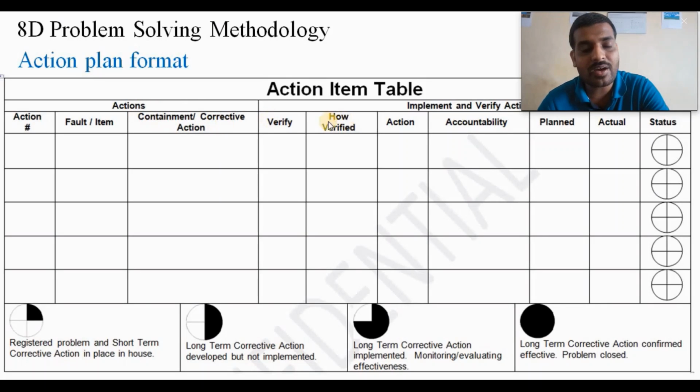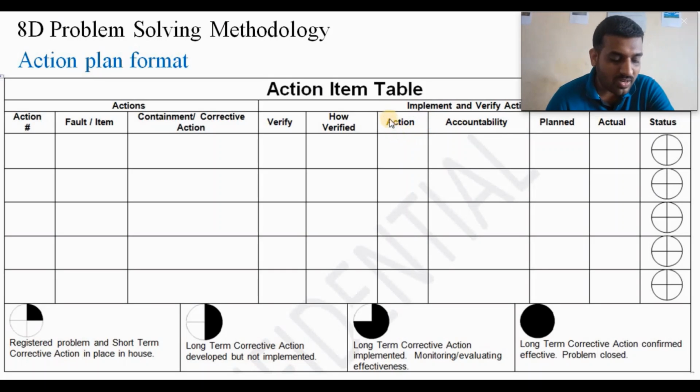Then what action you are going to take, the accountability for that action, what the effect will be, when it is planned and on what date it actually finished. And at the end there is a status.